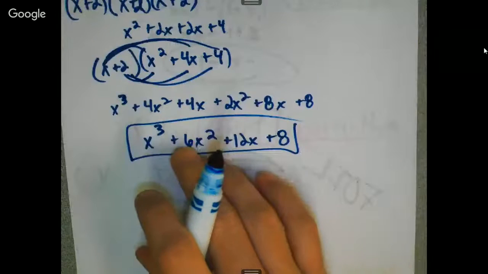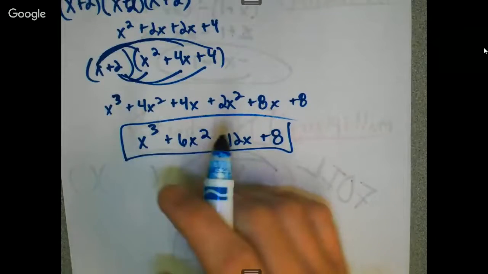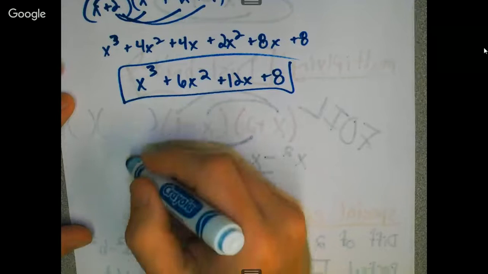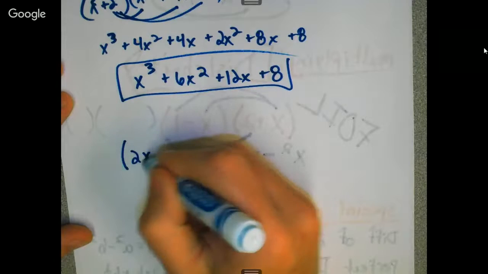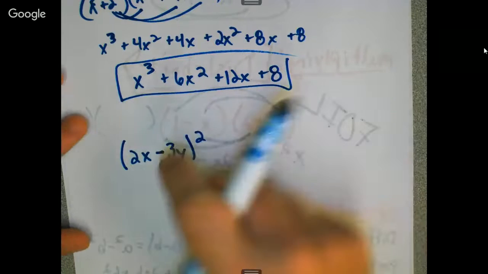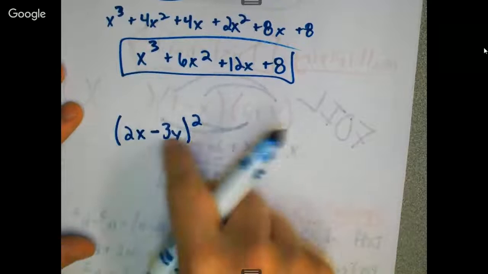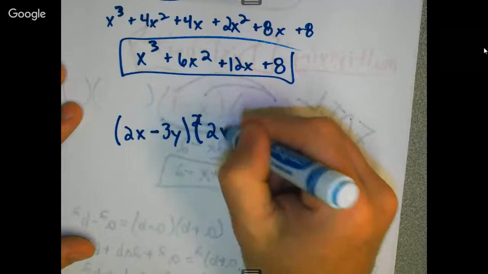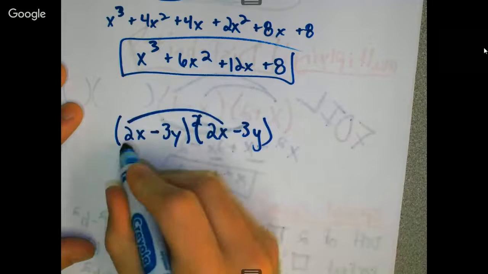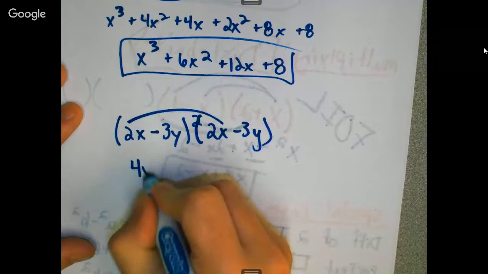Okay, we could have something like this. This would be the last one I do here. I like it because it has more than one letter. Okay, so this is telling you that you're going to take this times itself twice and FOIL. You get 2x times 2x, that's 4x squared.